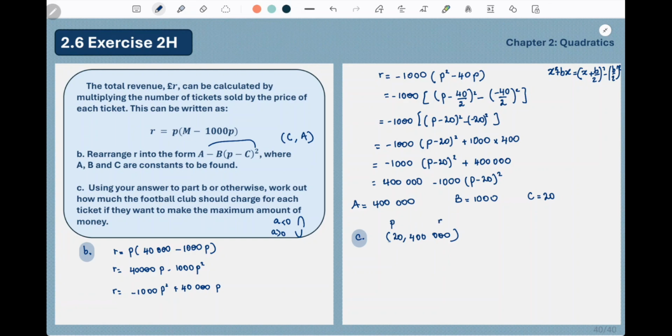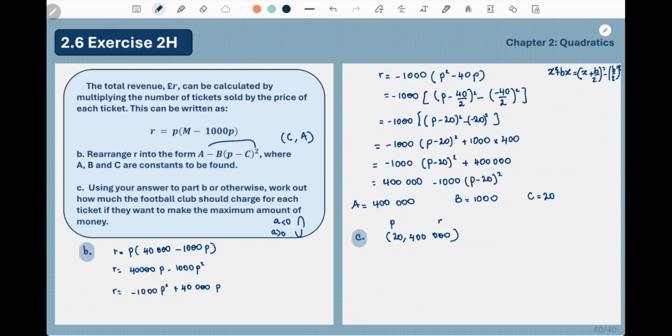This is the revenue and this is the price of the ticket. Okay? And then the question says work out how much to charge for each ticket. So indeed, the maximum amount of money, which is the revenue, that can be made is 400,000, and the ticket price linked to getting that revenue is £20.